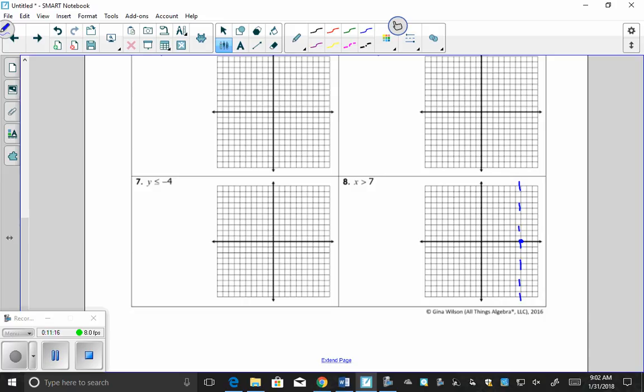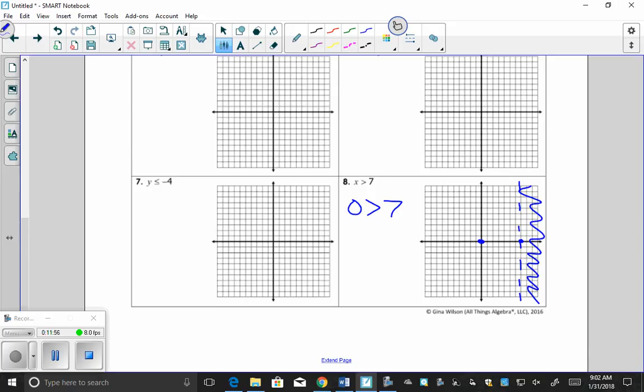According to my rule, am I supposed to shade above or below? Supposed to be above. But do I have an above or below? So the easiest way to do this one is just pick an ordered pair. What ordered pair do you want to pick? 0, 0. Is 0 greater than 7? No. So do I shade this area? I shade the other one, right? So that's my answer.